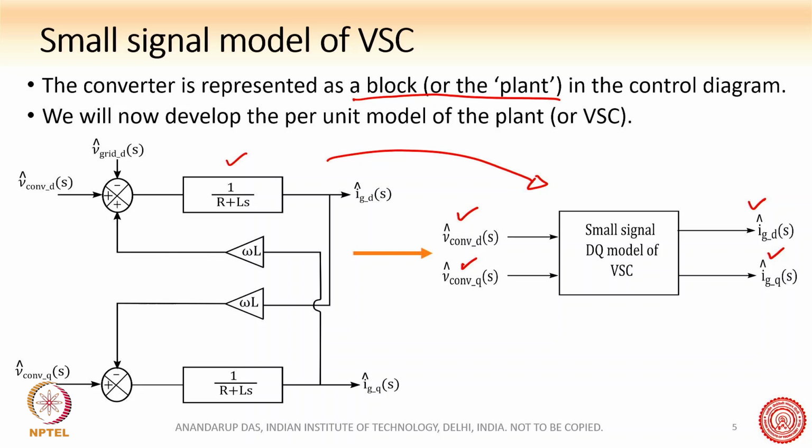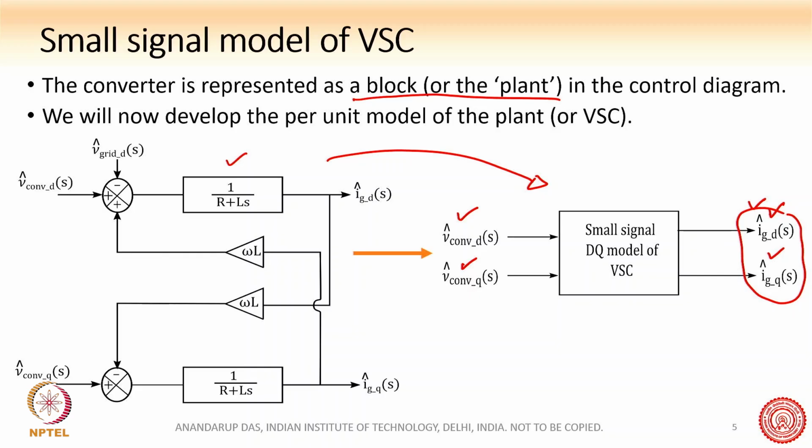As I told you previously, the voltage source converter behaves like a current controlled voltage source converter. As you can see here, we are controlling the current, IGD and IGQ.